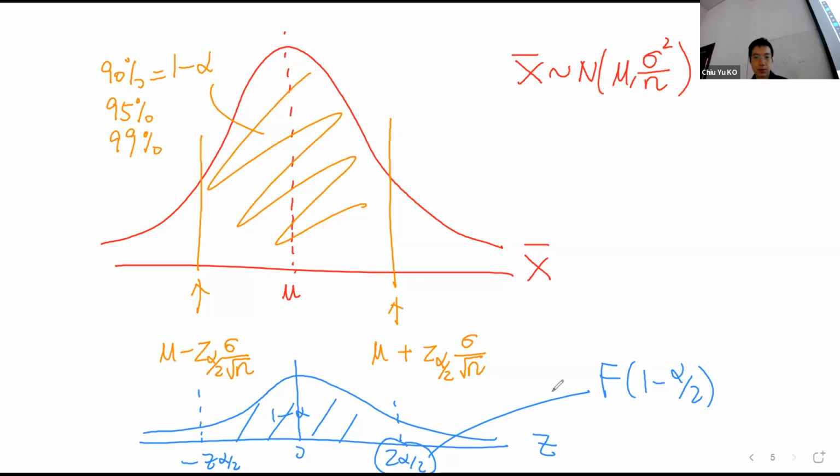Now, remember 1 minus alpha probability is within this range.